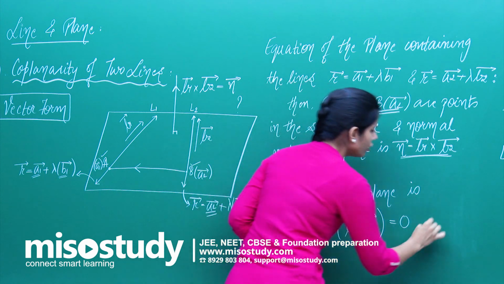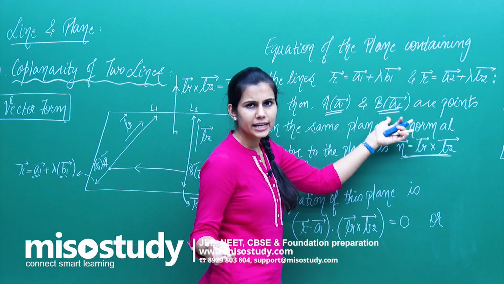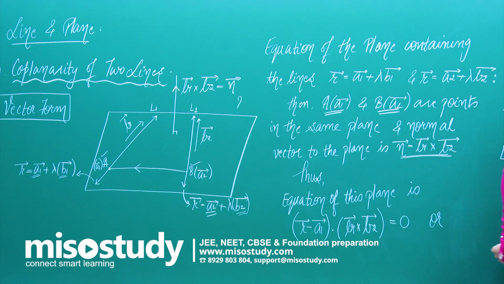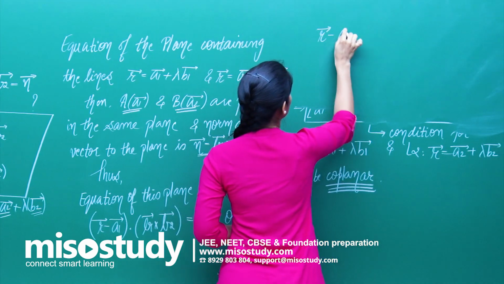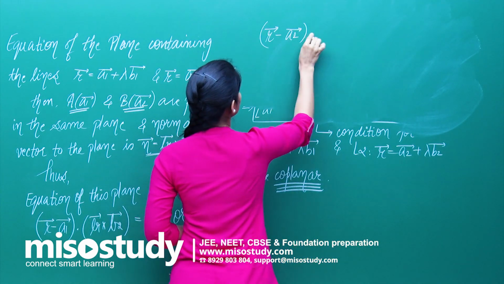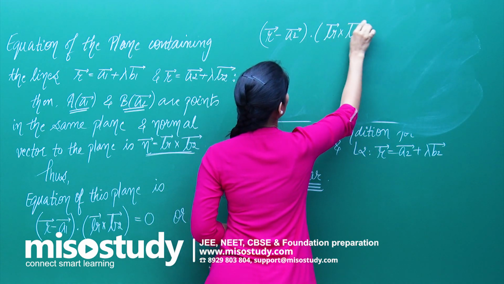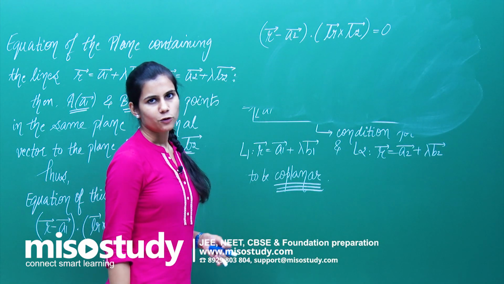equals 0, or now instead of a1 vector as the position vector, I can also take a2 vector as the position vector, not a problem. And so I get r vector minus a2 vector. Normal vector remains the same. This is the equation of the plane.